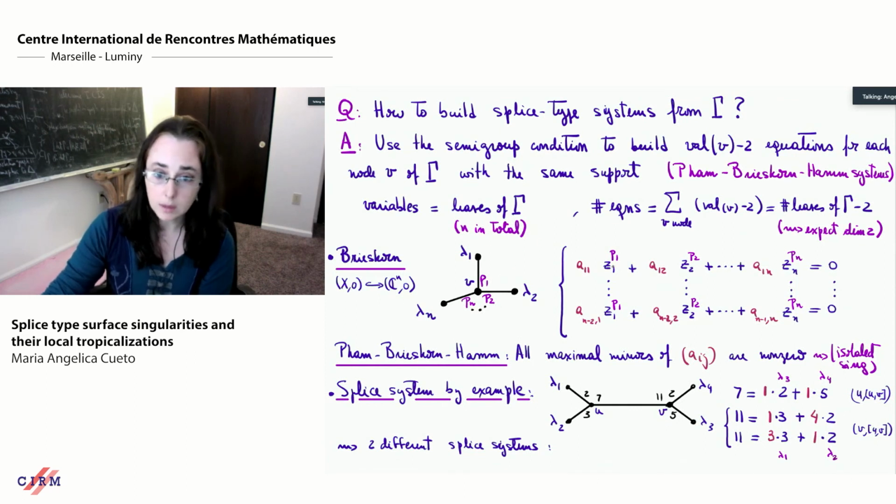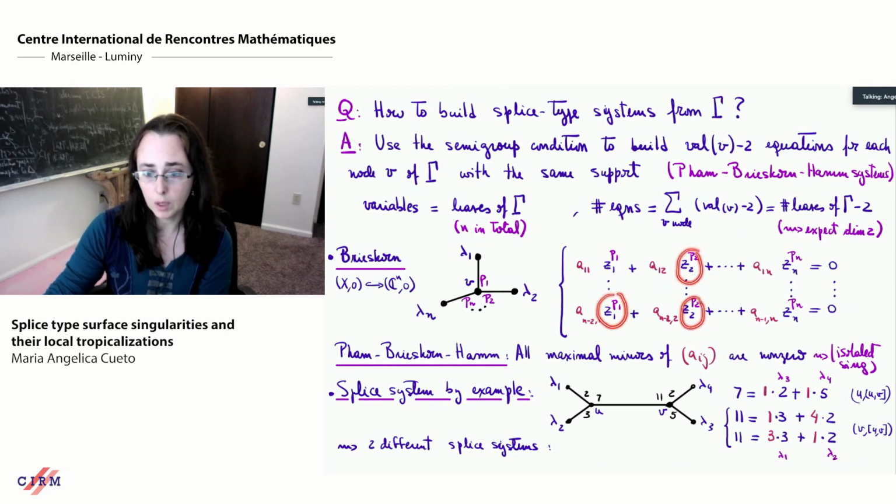And so the easiest way to build equations out of this is to look at the weights surrounding my node V and use them as exponents of these variables. So you're going to have n-2 equations that are going to have the same support. So my monomials are all going to be the same, and they're going to be the variable associated to the leaf raised to the power the weight around V in the direction of that leaf.